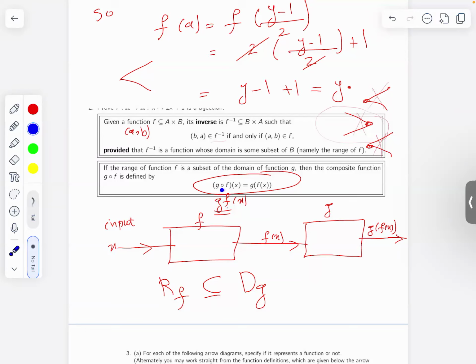So, composite function means g o f. Firstly, f acts on the input, then g acts on f of x. If x is the input, first f of x is applied on x, so f of x is an output.